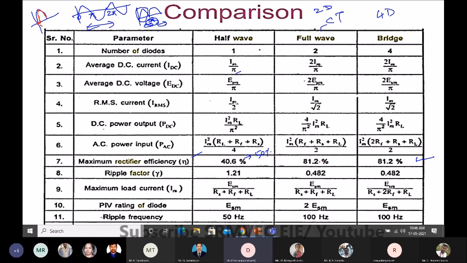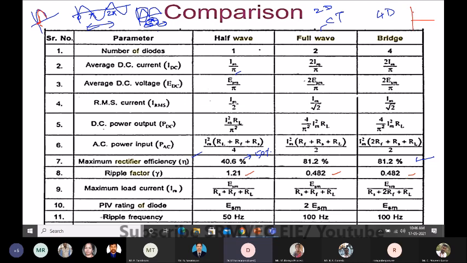Then ripple factor. So what is ripple factor? The amount of AC component in the DC output. So it is 1.21 times the DC in the AC component, but in the full wave it is only 0.48 of the DC. Okay, so how much ripple? What do you mean by ripple?